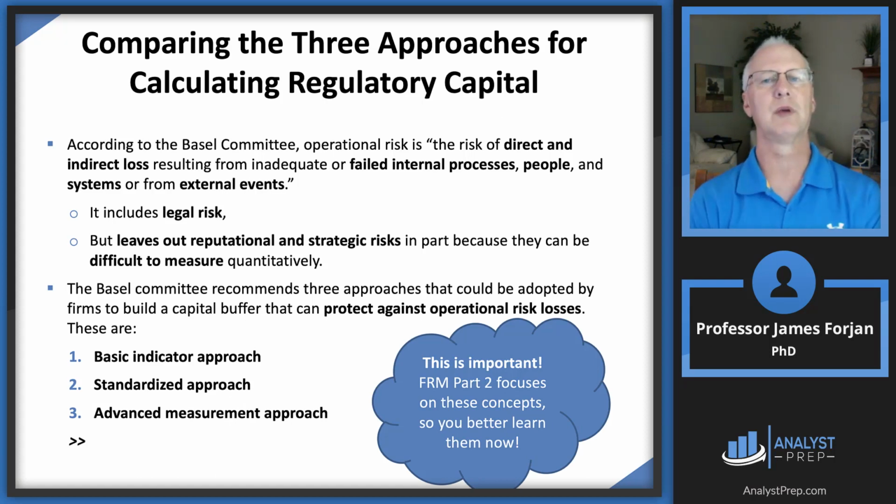Let's compare those three approaches for calculating regulatory capital. All right, so remember, we've got to go back all the way to the early 1970s. And this Basel Committee, which essentially was formed with, I think, 25 or 27 different countries involved, was really trying to provide the industry a global sense of direction for banks.